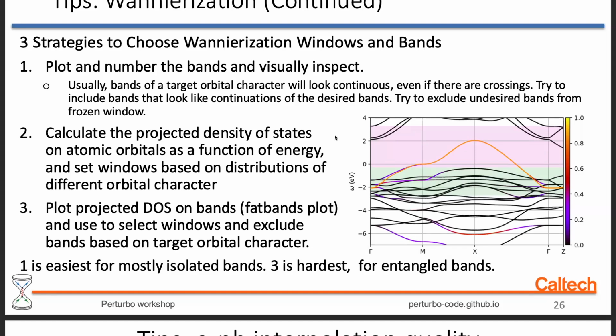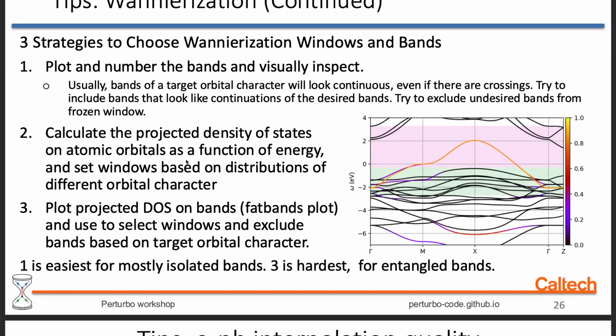In some cases, though, you have a case like this. So this is some cuprate, I think. And we're trying to Wannierize this one band at the Fermi surface, and at the bottom it mixes with a lot of oxygen orbitals, and it's less clear which band we want to include.